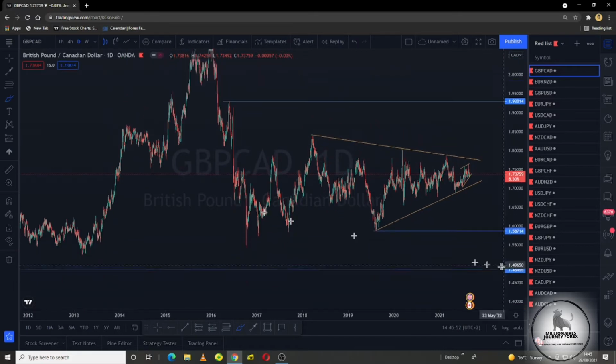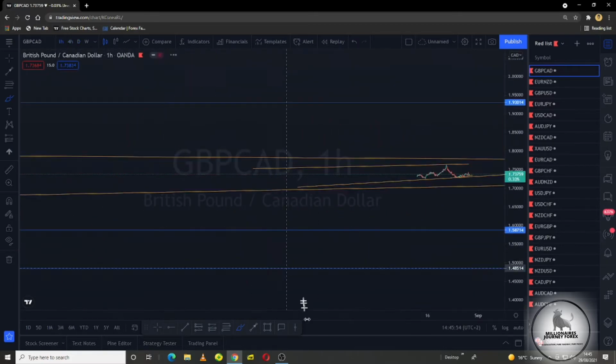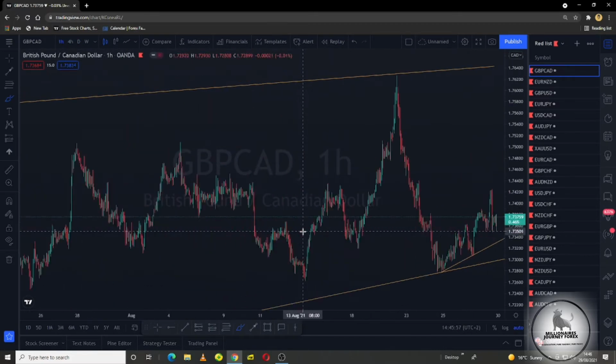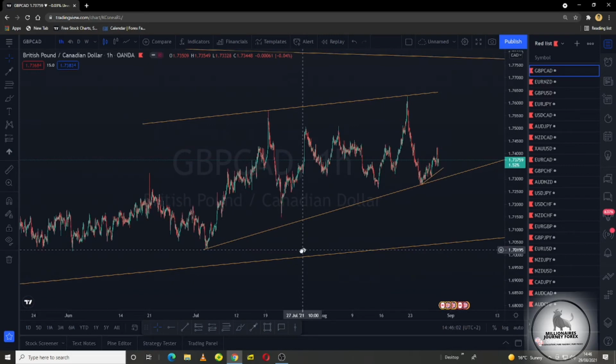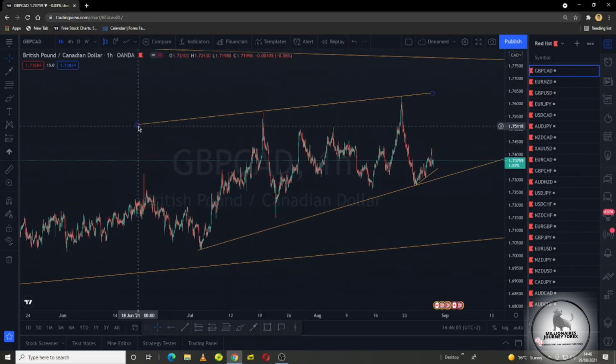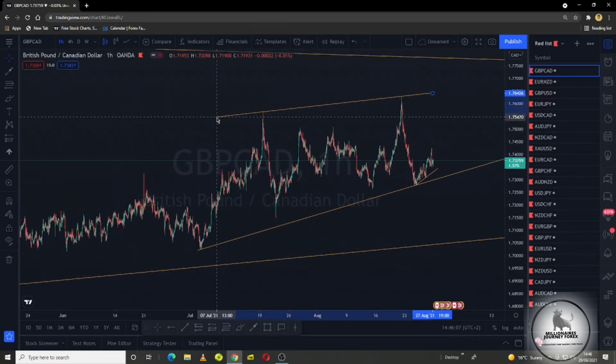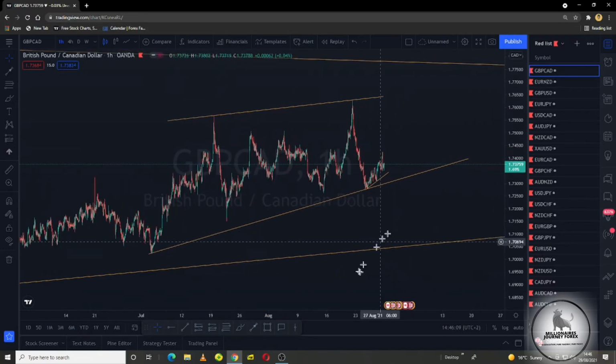So let's see what we have on the 1-hour time frame, right? Let's not forget that these patterns are drawn on a daily time frame. That's why they may seem small, but on the 1-hour time frame you can also get some good pips from this pattern.